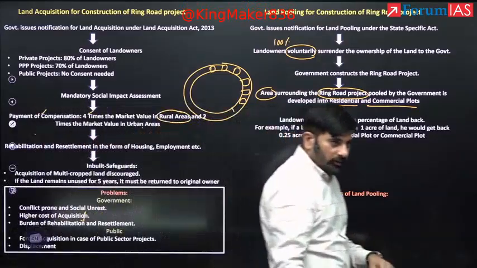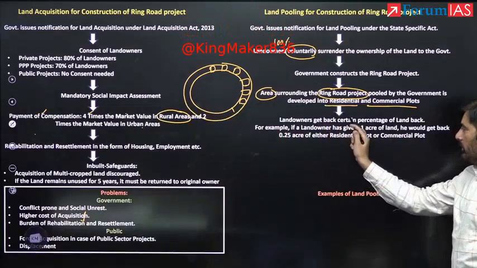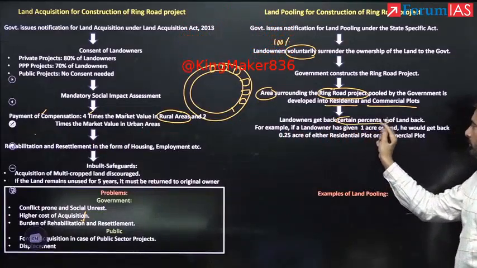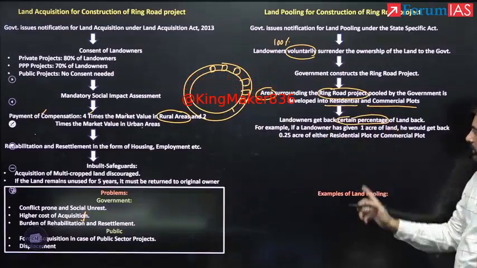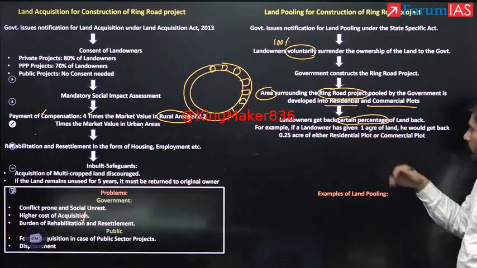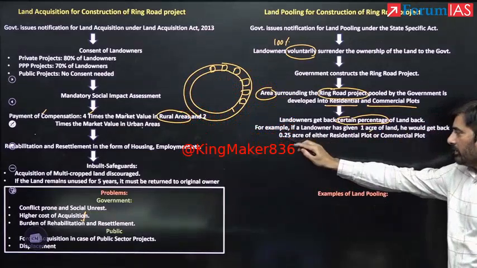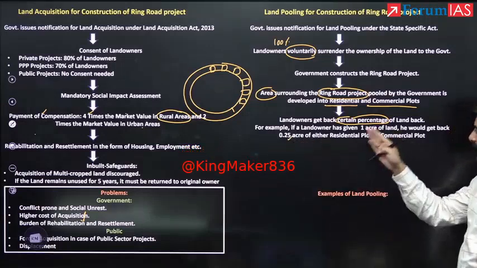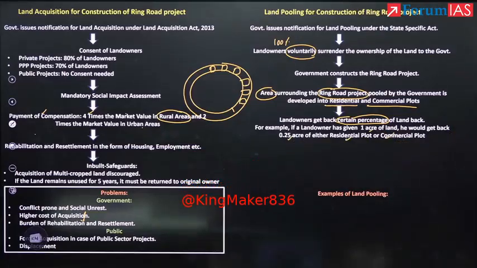You are one of the landowners. Think of it. As a landowner, you will get a certain percentage of the land bank. Example, as an owner, if you have given up 1 acre of land, in return, you will get 1/4 of that land, which is either residential land or a commercial land. Are you getting an equal amount of land? You're getting less. But why are you so happy?